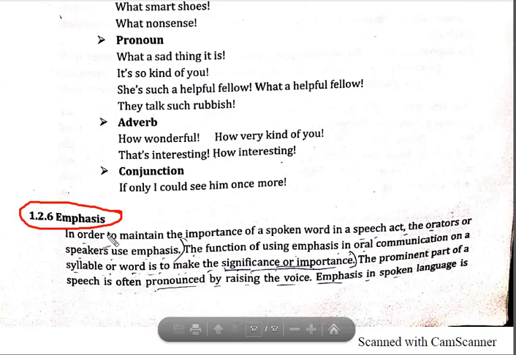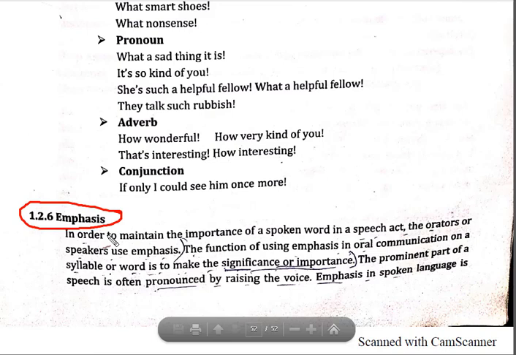The orators or speakers use emphasis. Now, when you are going to speak publicly, the spoken words should be spoken according to these speech acts.